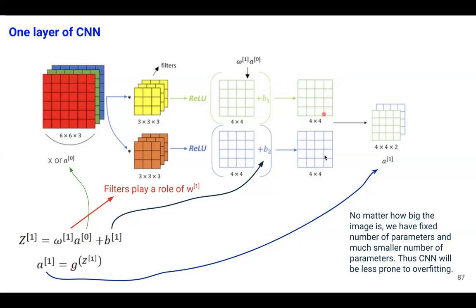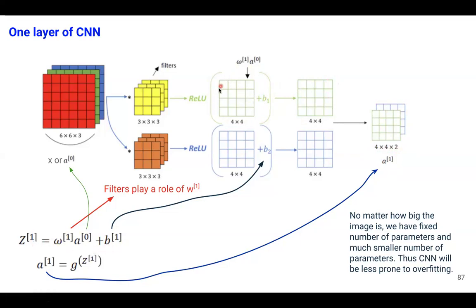So these two 4 cross 4 matrices are then stacked together and we have a 4 cross 4 by 2 activation, and this is the A1. If we compare with what we had before for DNN and what we have now, this actually looks very similar. The Z we had for layer 1, Z1 equals W1 A0 plus B1.